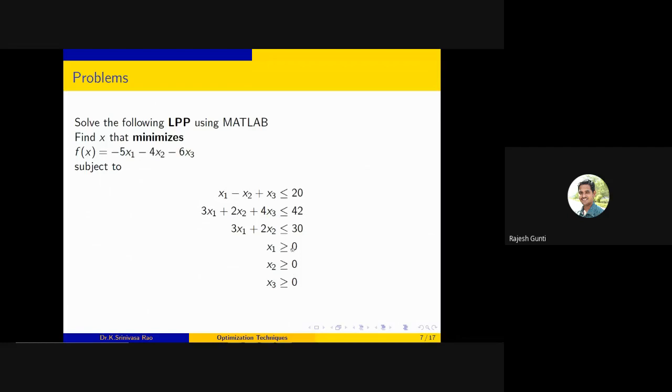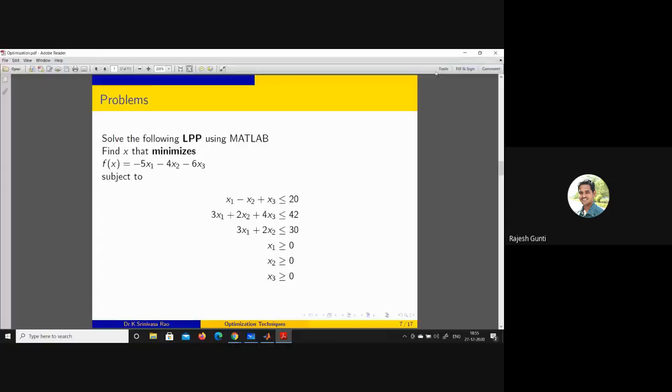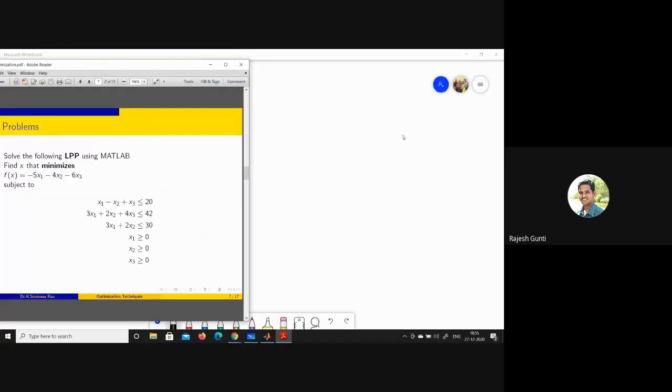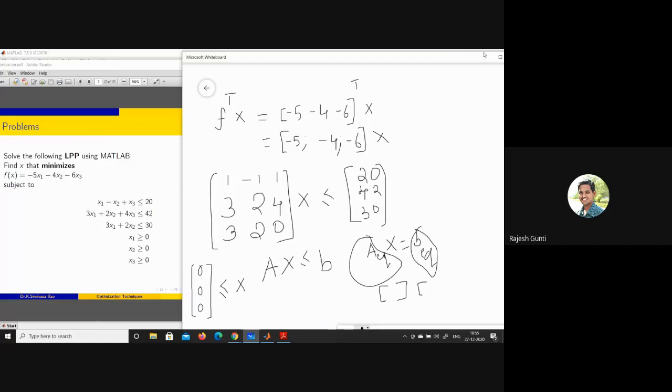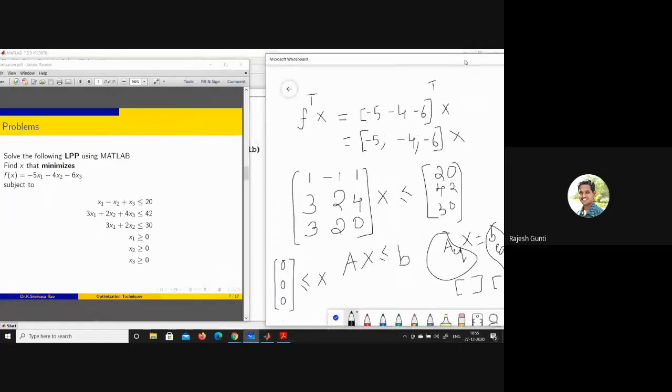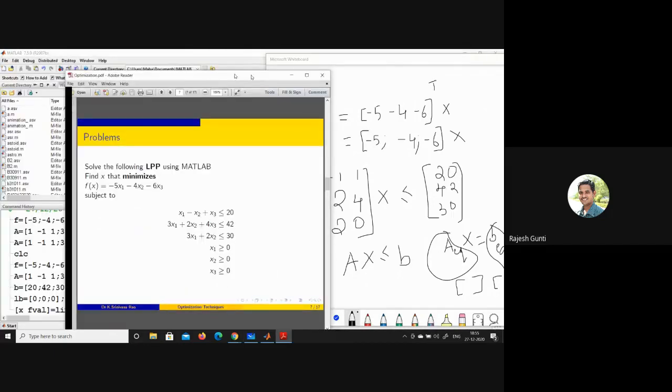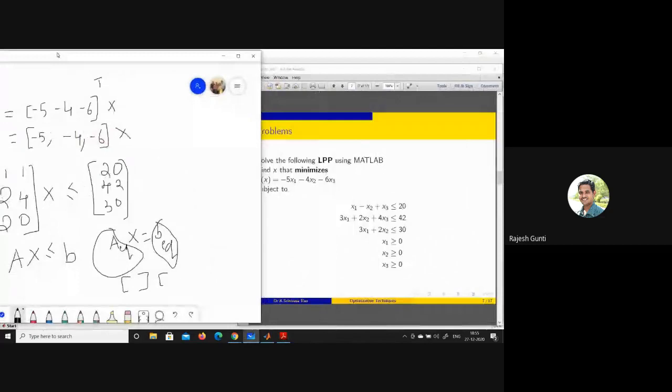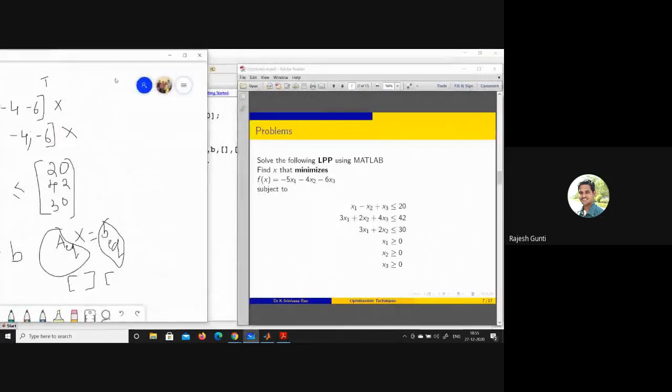Lower bounds also we can convert into constraints. So in that case, the A will become like this. f is same.